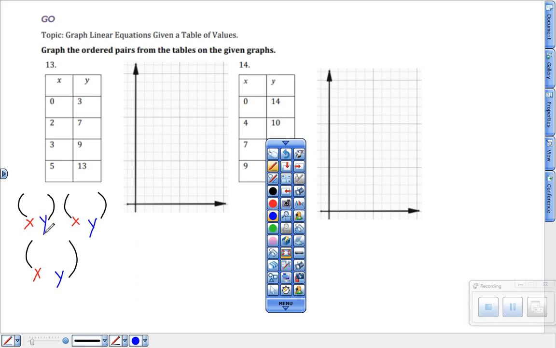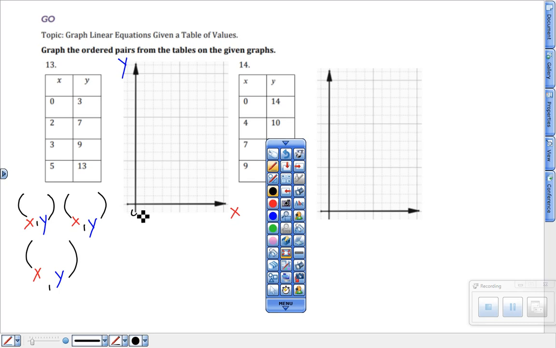The way we do an x and y axis, we always label the one that goes up and down. That is the y axis. Y goes way up high into the sky. The x axis is the left to right axis. So I'm going to number each box.